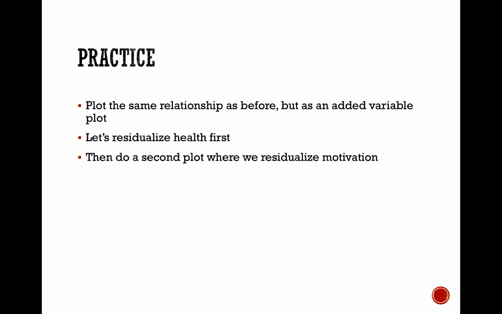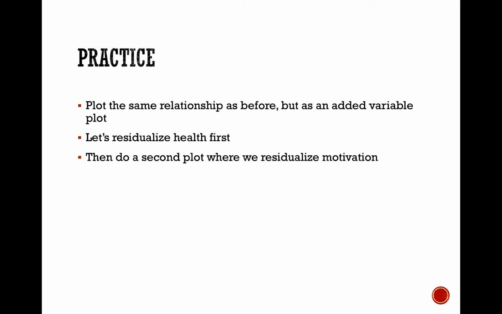So for your practice, I want you to plot the exact same relationship you plotted before: weight change, motivation, and health. But let's residualize health first and do an added variable plot with motivation and those residuals, and then do a second plot where you residualize motivation first and look at the association between the residuals and health.